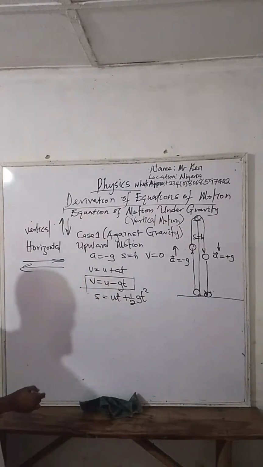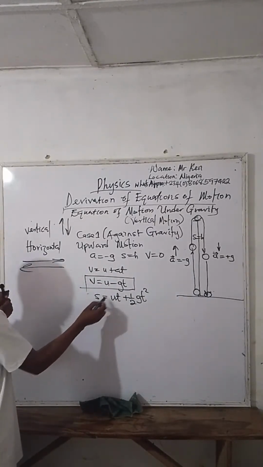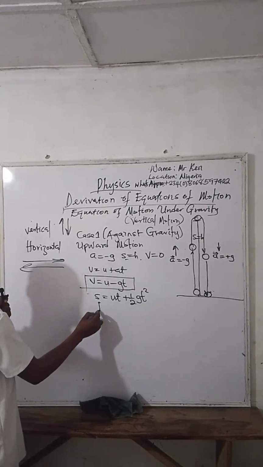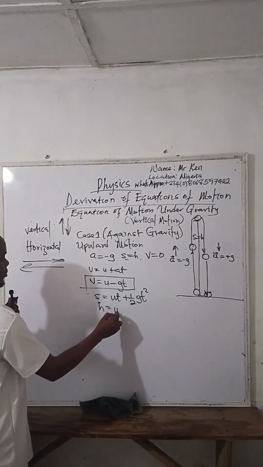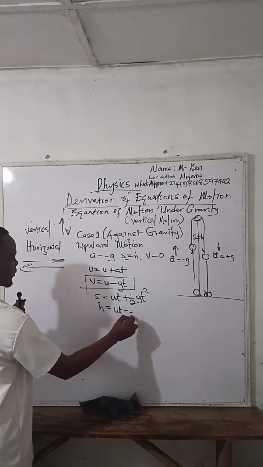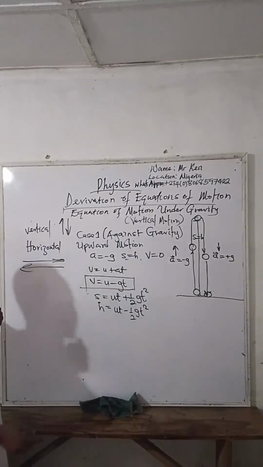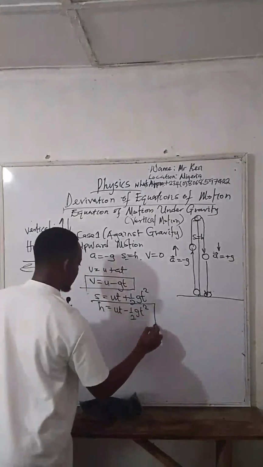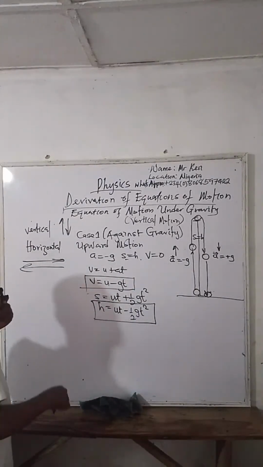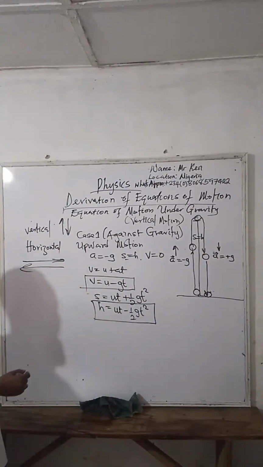Shey dey follow? Now our s is h, so h is equal to ut minus 1 over 2 gt square. So this is the second equation of motion when objects go against gravity.